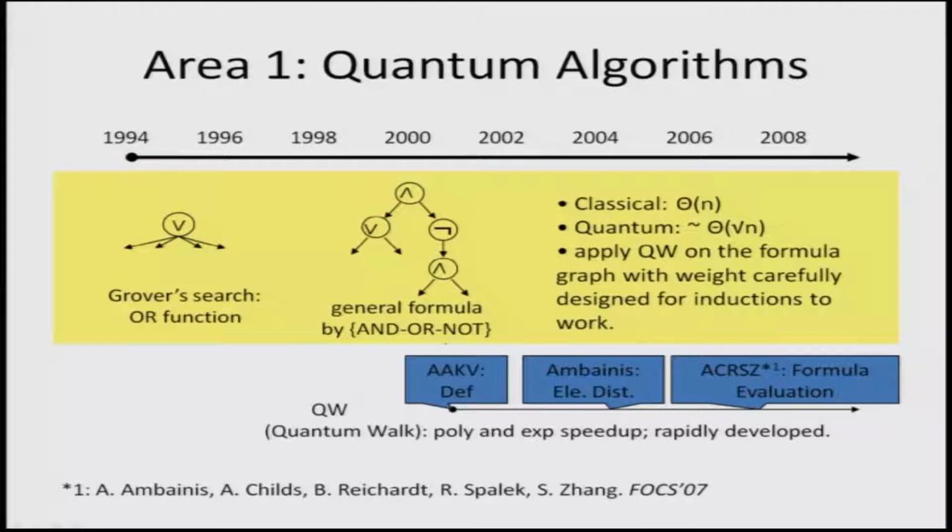In this case this is a generalized formula where, again, the classical would be of the order n in terms of the search problem, whereas the quantum would go in order of root n, and we can apply the quantum walk principle on the formula graph with weights carefully designed for induction to work. So, these are the various kinds of algorithm developments which have been seen in recent years.